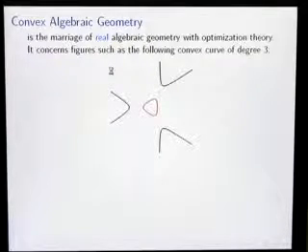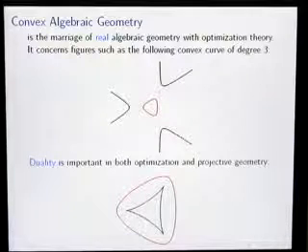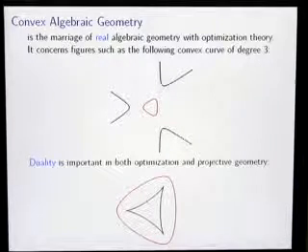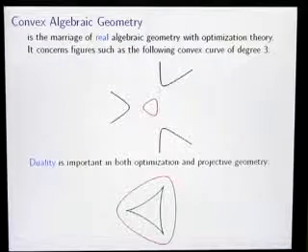Let's look at the dual picture. Duality is very important, both in projective geometry and in optimization theory. Down here you see the same picture in the dual plane. The points in the dual plane correspond to lines in the plane up there, and the lines down here correspond to points up there. The points on this dual curve are exactly the lines that are tangent up there.